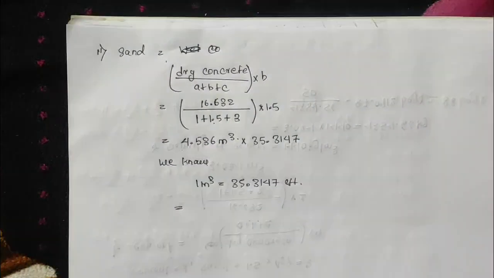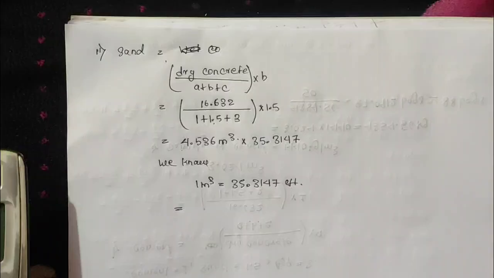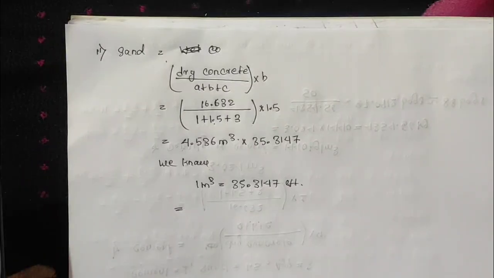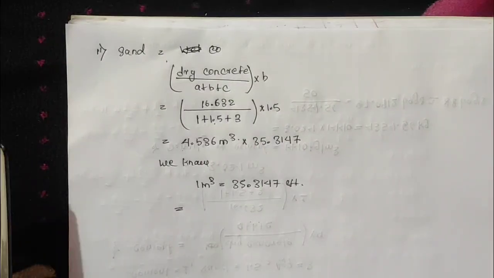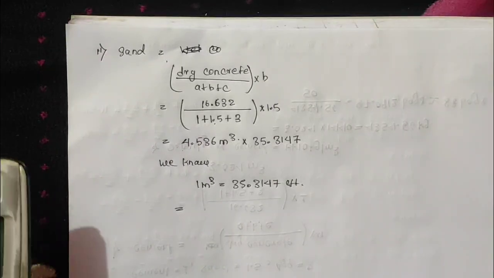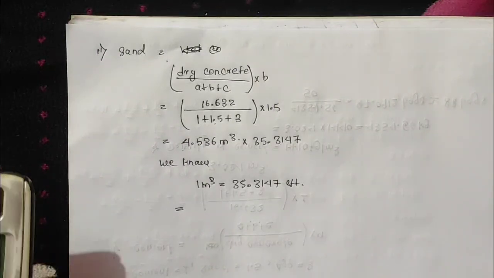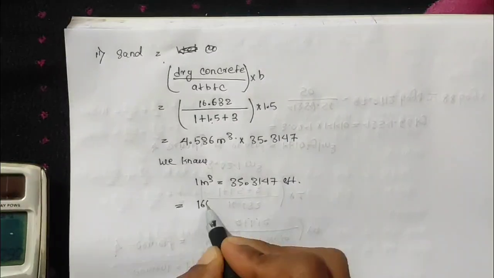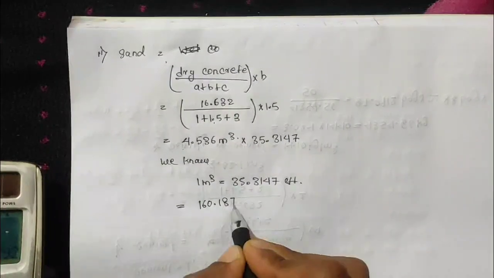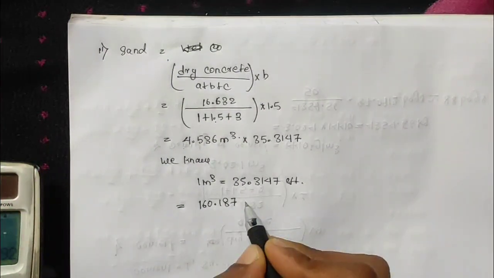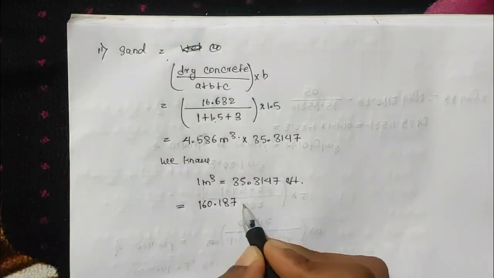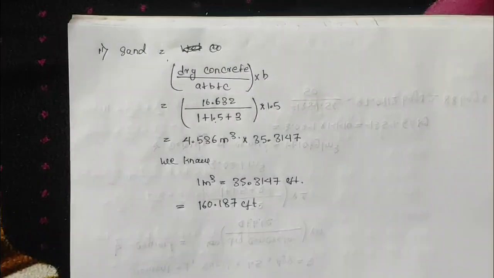Let me multiply this: 4.536 into 35.3147. So we have got 160.87 cubic feet.